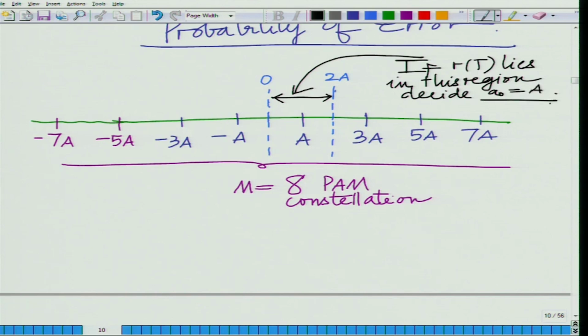Now, the point is in BPSK you have only one point. So, you look at the midpoint between the 2 points. Now, here you have a point, there is a point on one side, there is another constellation point on the other side. So, we have to basically look at two midpoints, one on each side. So, the midpoint with respect to 3A is 2A, midpoint with respect to minus A is 0. So, if RT lies in this range 0 to 2A, then one can decide A, and similarly for all the interior points.